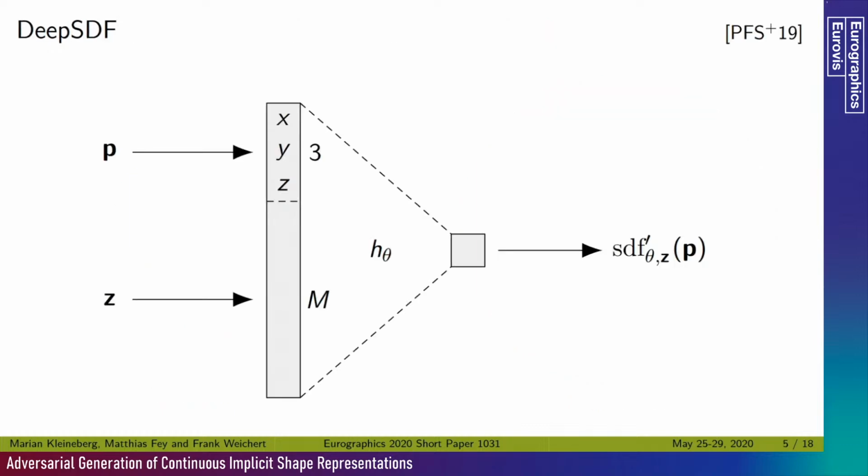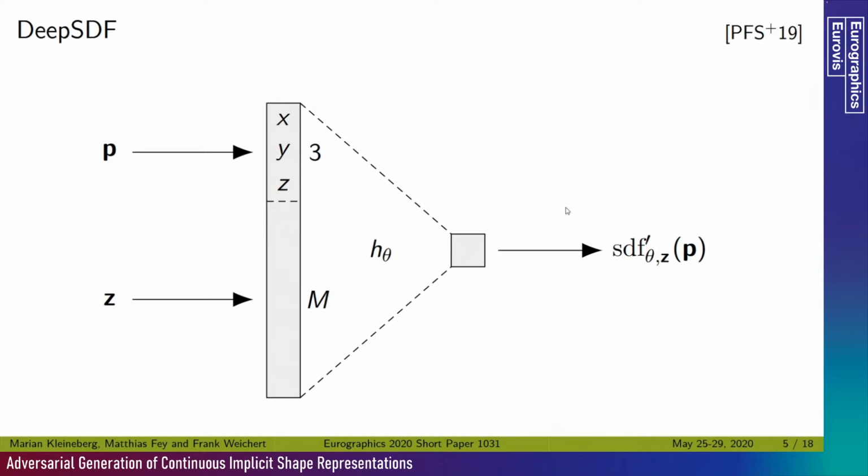Since our work is based on the DeepSDF network, I'm going to give a quick introduction of the DeepSDF architecture. Instead of learning a discrete representation of a shape, such as a voxel volume or a set of points, the DeepSDF network learns a continuous representation. That means it takes a point as the input, and this could be an arbitrary point, and the output is an estimate of the SDF of that very point.